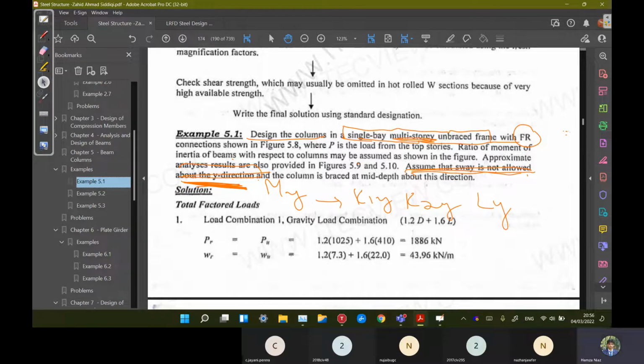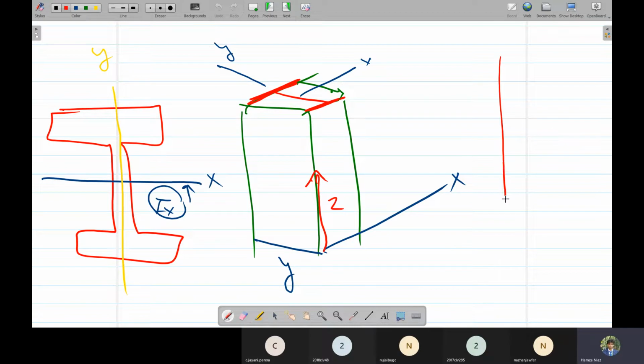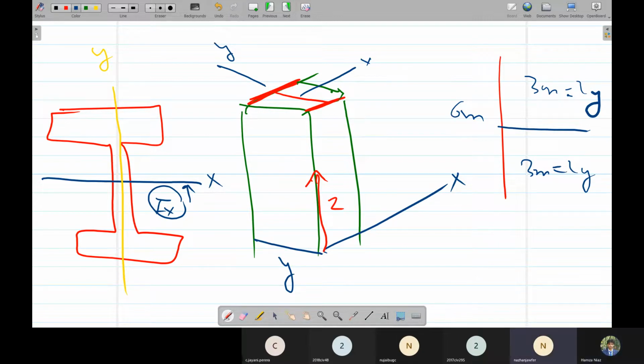And what would be the effect? They are saying that the column is braced at mid depth. For example, this is a column, they are bracing at mid depth. So if the column height was 6 meter, then Ly would be 3 meter and 3 meter. So we are going to reduce Ly, not Lx, because the bracing is about y axis.